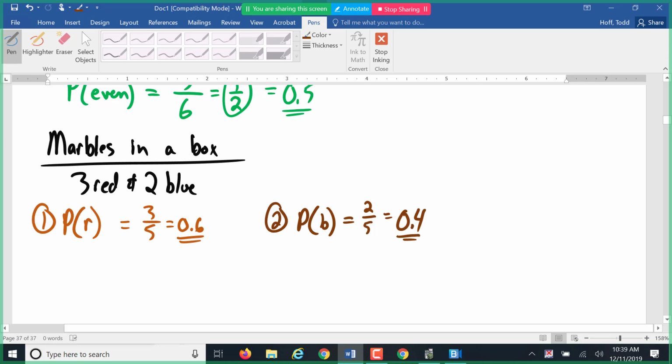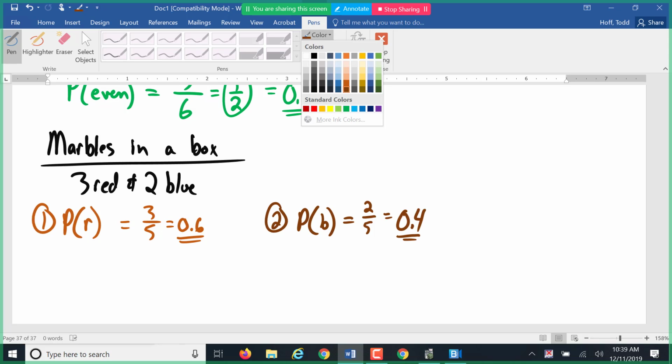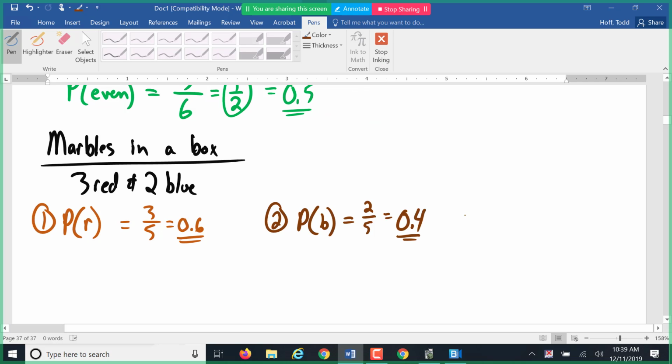Well, that's not very interesting so far. What if I ask you the probability of getting neither red nor blue? Well, all of them are red or blue, so there's 0 marbles in there that are not red or blue out of 5.